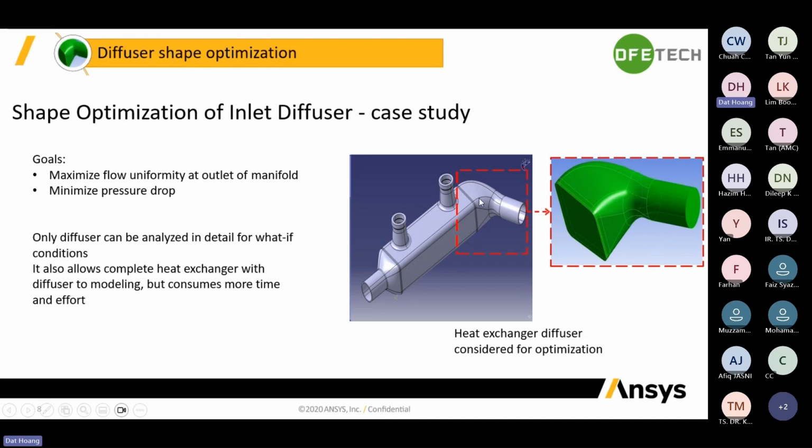And the target here is to maximize the flow uniformity at the outlet, and minimize the pressure drop of this region. To make it simple, they just consider the outlet region only. Of course, we can consider the whole design, but it will take more time and effort.